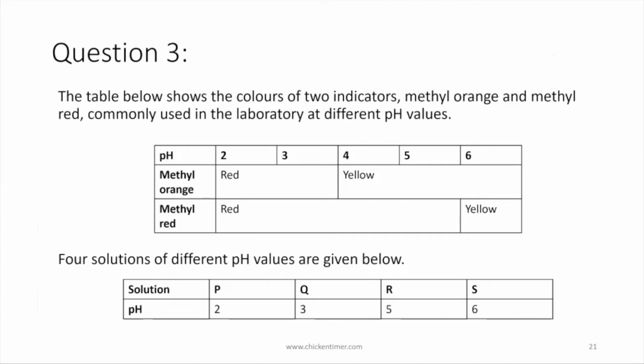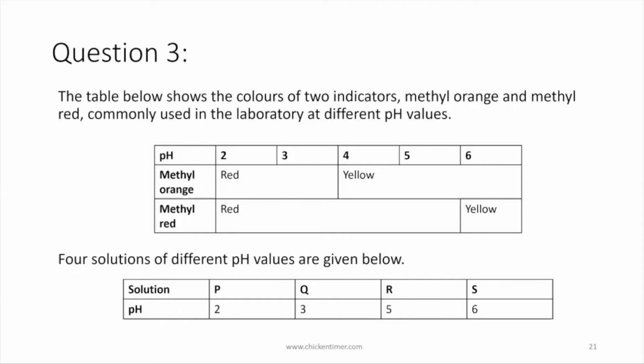They say the table below shows the colors of two indicators, methyl orange and methyl red. So this is some indicator from somewhere. Then they are used in labs at different pH values. So then you have 4 solutions PQRS. Okay, so methyl orange will change color at pH around 4. So for pH 2 and pH 3 it is red color.